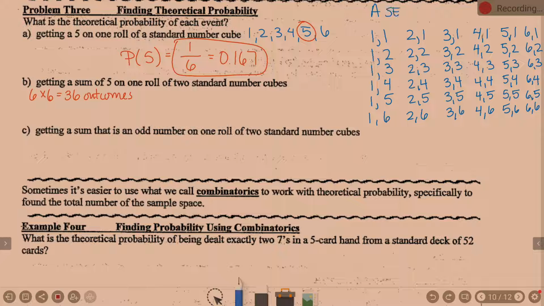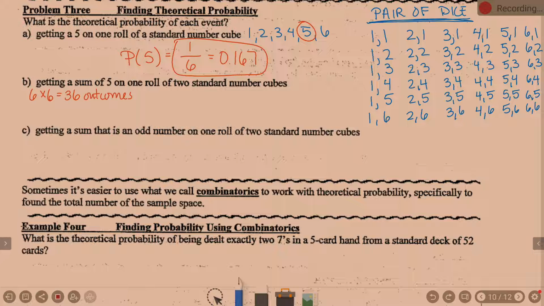I probably shouldn't say set, pair. So this is our sample space for a pair of dice. I would hold on to this as we go through this chapter, because you might come across this again, and I don't want to have to write this all down again.